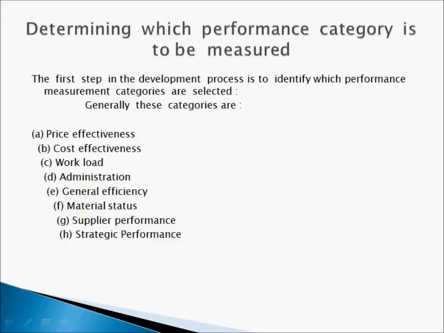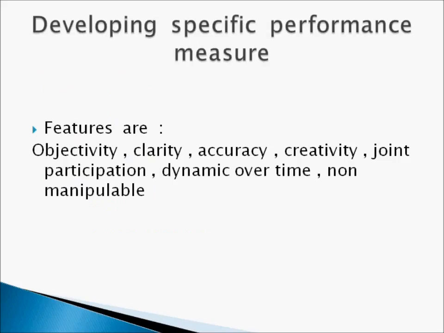Now we have a look at the second activity, that is developing specific performance measures. The development of specific performance measures is attached with a number of features. The general features are objectivity, clarity, accuracy, creativity, joint participation, dynamics over time, and non-manipulation.